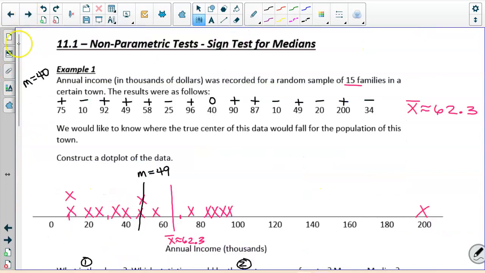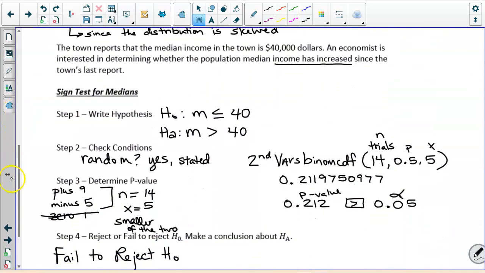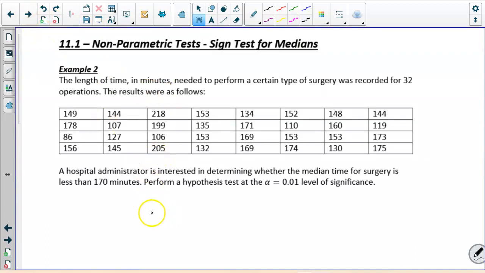Now, if it's not equal to, you do have to multiply by 2 though, okay? So you would put second vars, your binomial in, you would get a number. If this is not equal to, you have to multiply that number by 2. Okay, everybody? All right, I want you to try this one, okay?